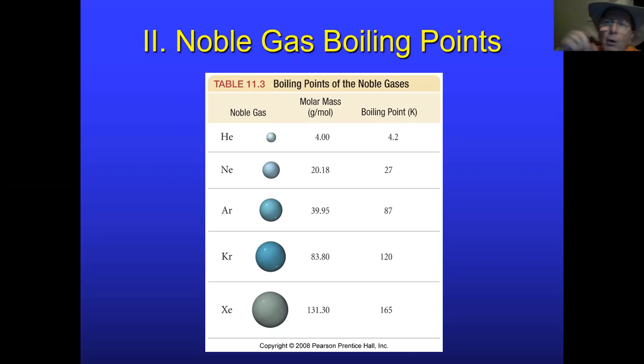But if you get the temperature low enough, there's not much force between one helium and another, so there's not much attraction there. You have to really take the temperature down in order to get one helium to solidify or liquefy with another one.